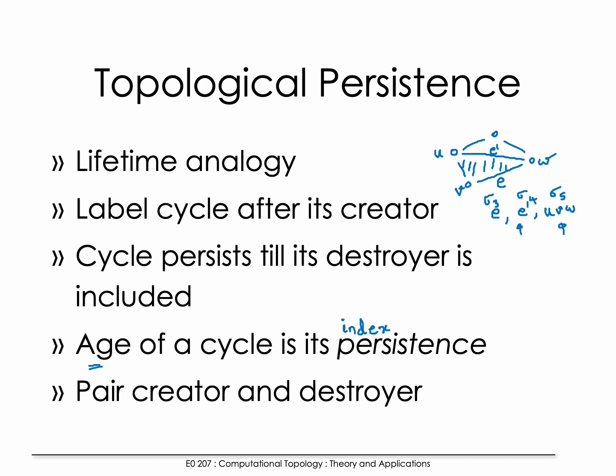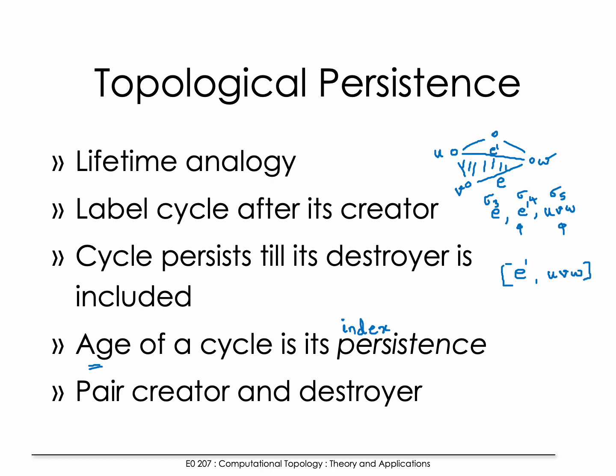So finally, we were pairing the creators and the destroyers. So in this particular example that I've shown here, we have a pair which is E prime and the triangle UVW. So we are pairing simplices now, right? So this is one of the pairs. So we want to now compute all such pairs that capture the lifetime of all cycles of all dimensions.